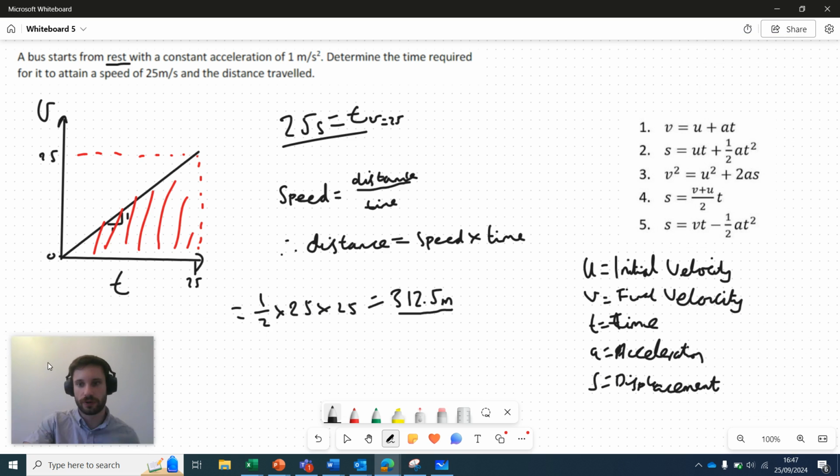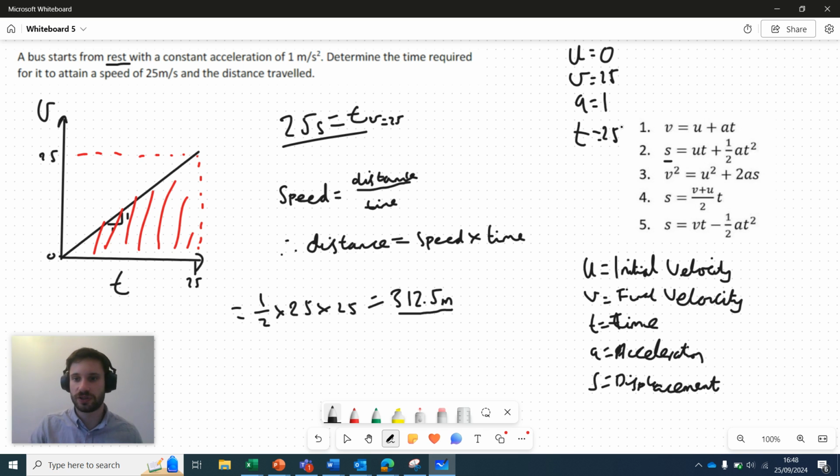in an even more thorough way, I would suggest calculating s using all of these different equations, right? So you could calculate s here, where u in this instance is 0, since the bus starts from rest, v is equal to 25, a is equal to 1, and that time is also equal to 25.